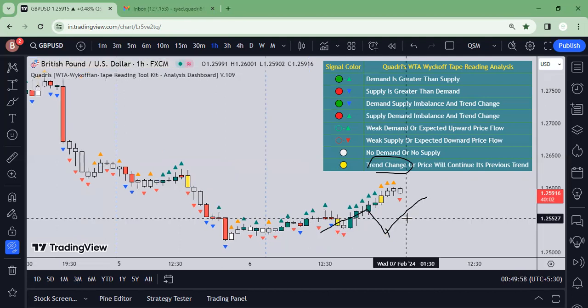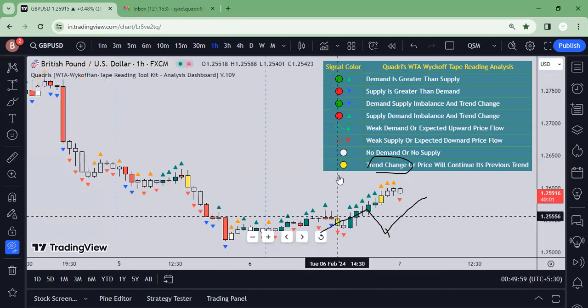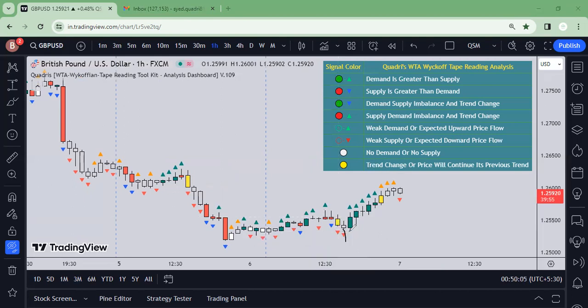Now after this part and after this part, because this is weak, for example, hollow with weak supply, expected price to flow downwards, but it was not the case due to these two analyses, these two things coming together.